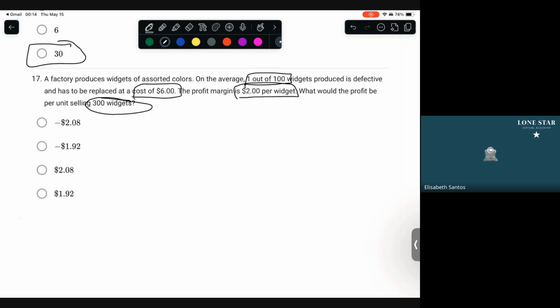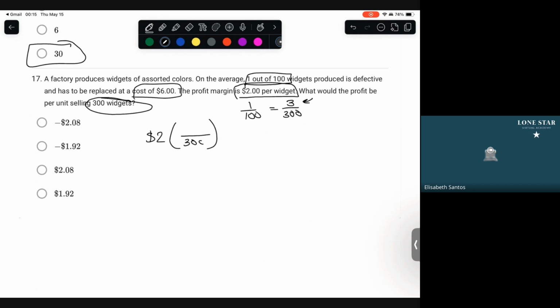So what are we going to do? We're going to start with profits first. We know that each widget makes $2. And if 1 out of 100 are defective, then using ratios, if we have 300, we're going to have 3 defective. We only make a profit on the ones that work.